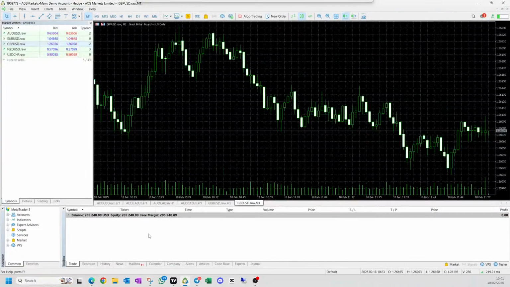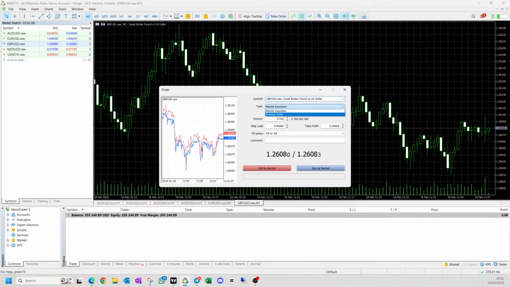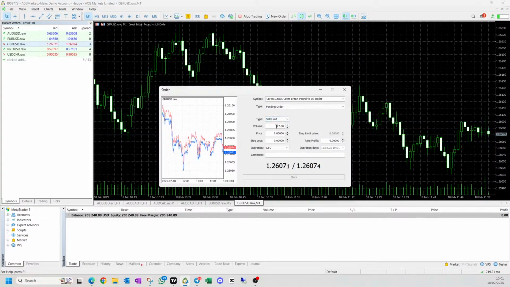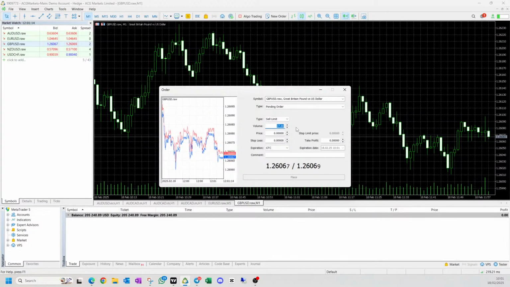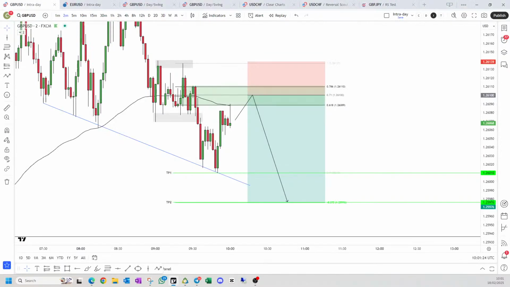Show you guys my MetaTrader. GU. Sell limit. 48 lots please. Straight down the pipe. 2 tick spread. Entry at the 61.